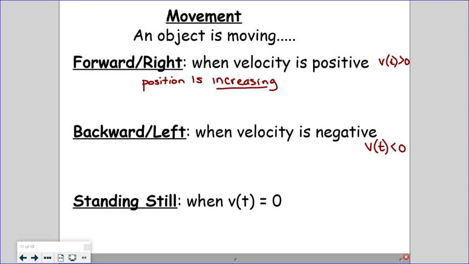Increasing means going up as we move from left to right. Positive means above our x-axis. So make sure that you understand the difference between when something is called increasing versus being called positive. Those two are frequently confused with each other. Backwards would be then when our position function is decreasing.